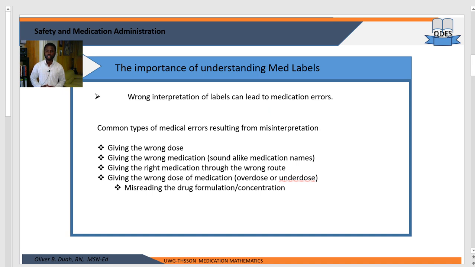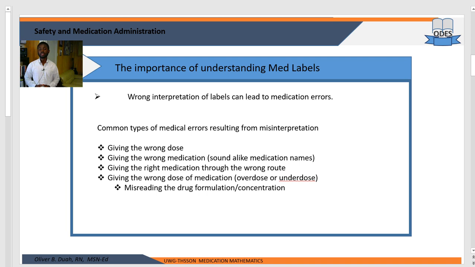Why is it important for you as the nurse to be able to read and interpret medication labels? Medication labeling is related to the safety of medication administration. A wrong interpretation of labels can lead to medication errors.